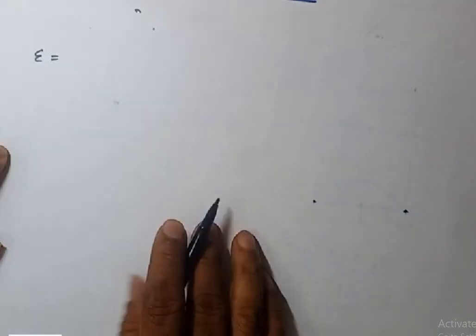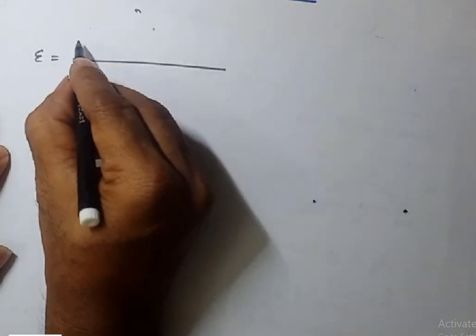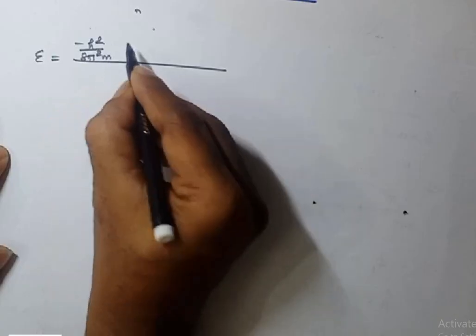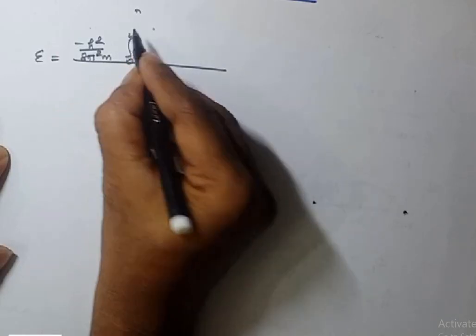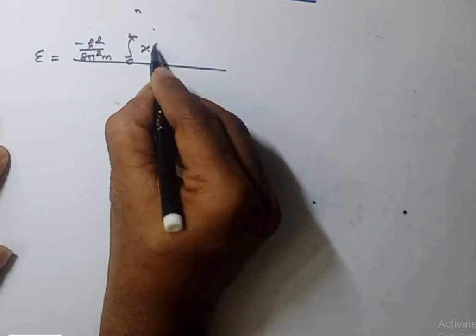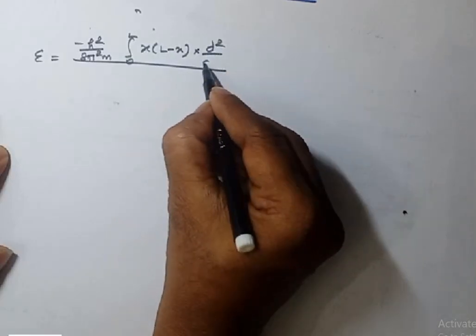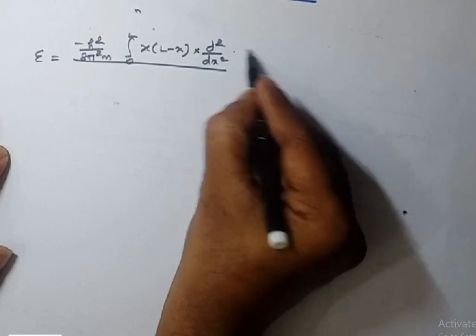So the expectation energy is equal to, I'll keep minus h square by 8 pi square m outside, integral 0 to L, then we have x into L minus x, then the operator d square by dx square, and again x into L minus x.